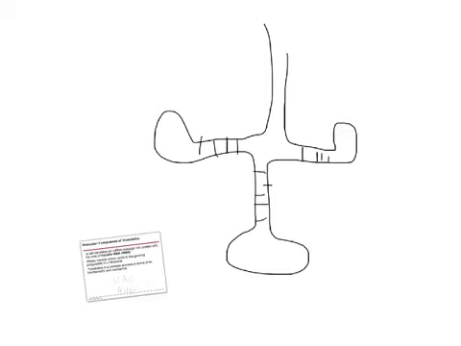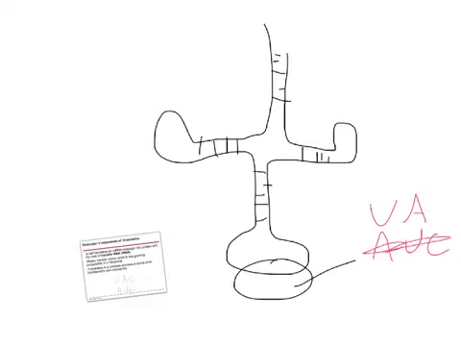So it actually looks like this. You have some base pairing that occurs. All right? This area here is where you get the anticodon. I'm sorry, it was UAC that we were doing. That's the anticodon. And then this area up here is where you get an attachment to the amino acid.